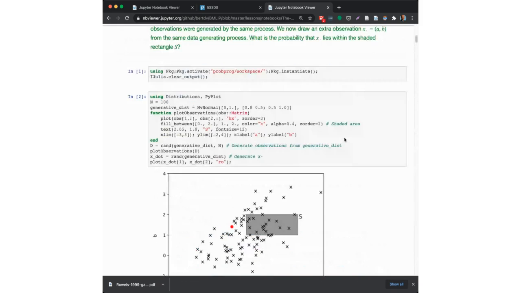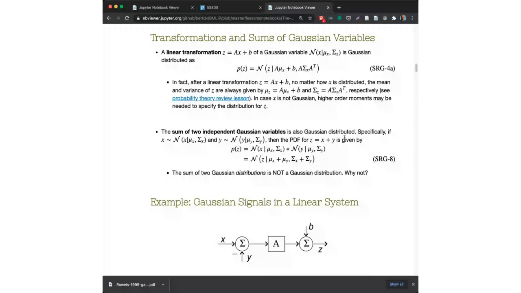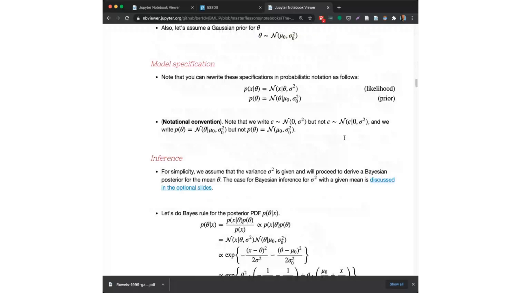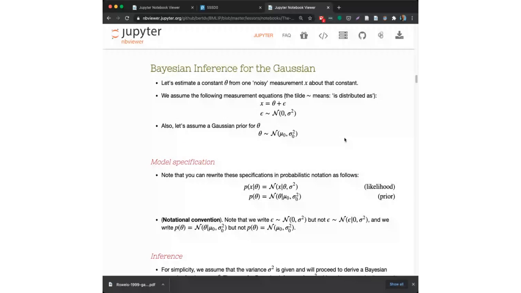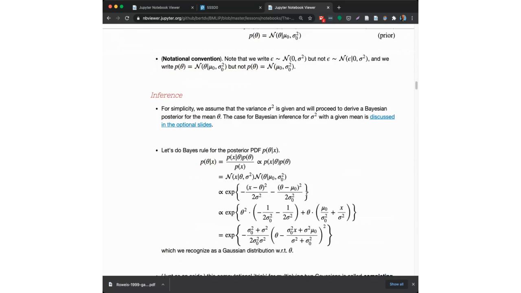But what we will discover in this class is, let's say here, Bayesian inference for the Gaussian. It's exactly this problem, right? If I have a Gaussian likelihood, I have a Gaussian prior, and then we multiply a Gaussian times a Gaussian, we can work that out to this.